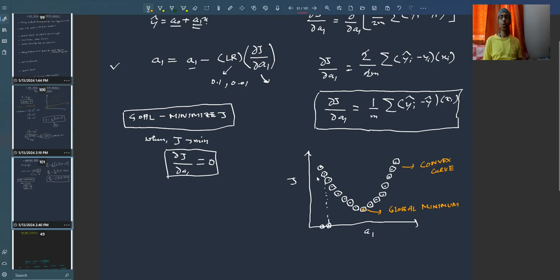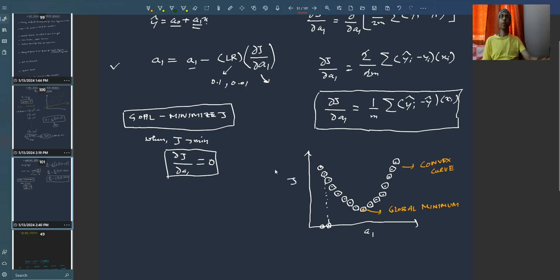A non-convex curve does not have a single global minimum. It has multiple local minima also. It can be like this, or like this, or something like this also. So these are multiple local minima that are available. This is basically a curve which is non-convex.